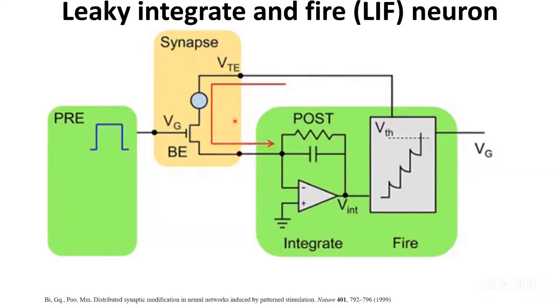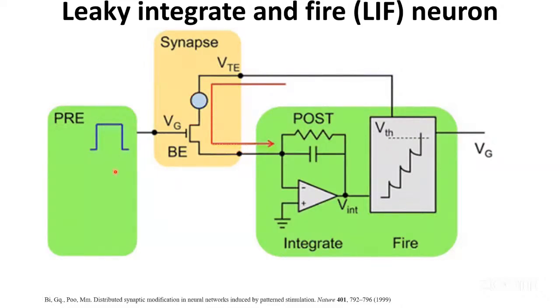Synapse is basically, as I told you before, a connection between the axon and the output. So we can say the connection between two neurons consists of a synapse. If we simplify the biology, we can simply say that there are two neurons and they are connected through what we call a synapse.